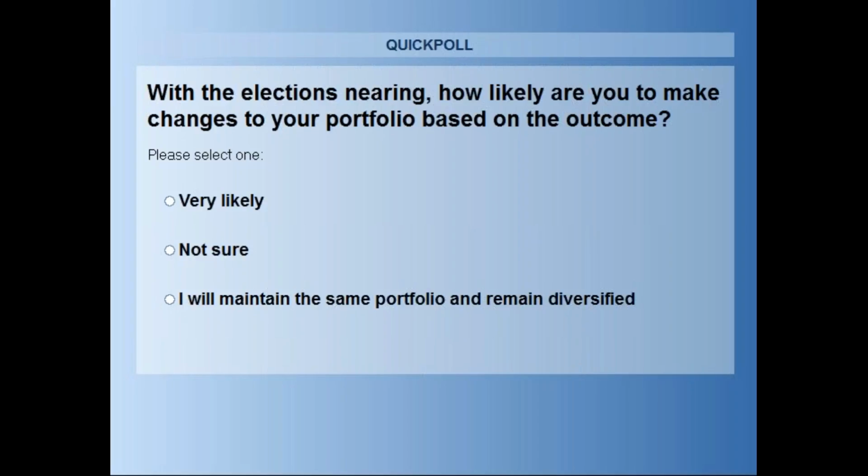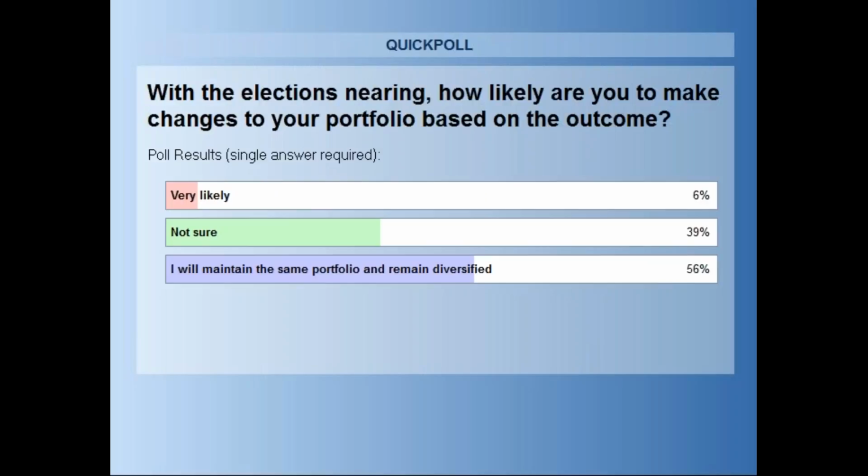All right, let's see. Wow, okay. So 6% very likely, and there are geopolitical strategists in our network that we are talking to that are raising some cautionary flags.